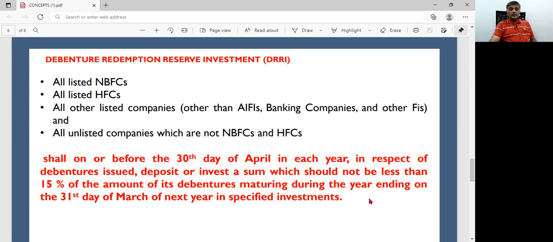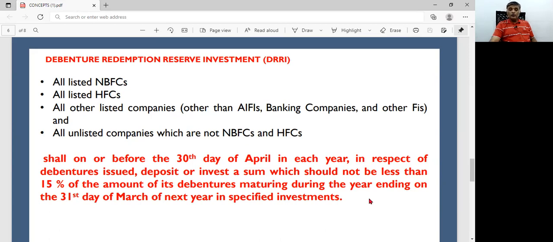So let's take, for example, if you're going to redeem a debenture in February 2021. Let's take 1 lakh. 1 lakh is due for redemption in February 2021. You need to create a DRI to the extent of 15,000 on or before 30th April 2020. That is the meaning of this.